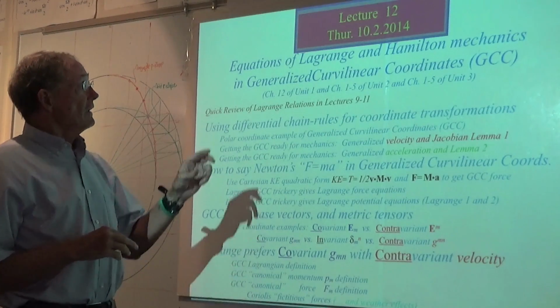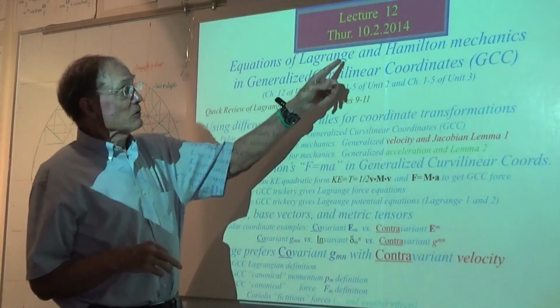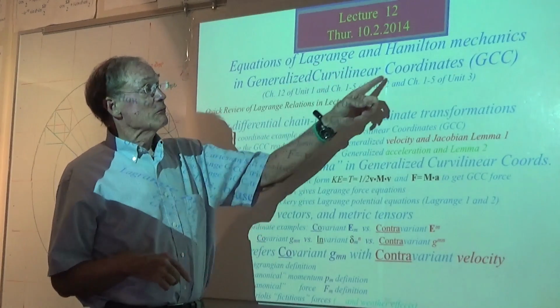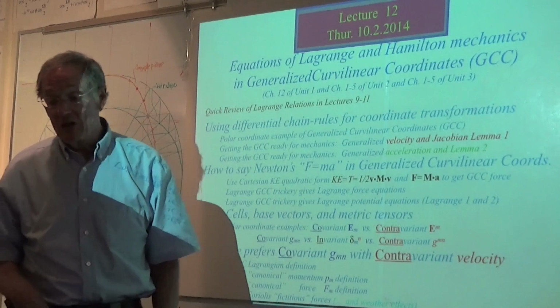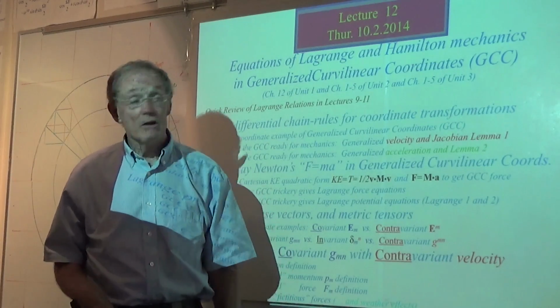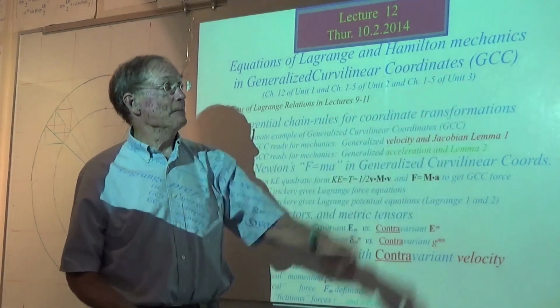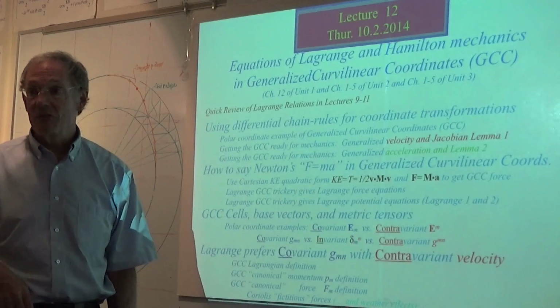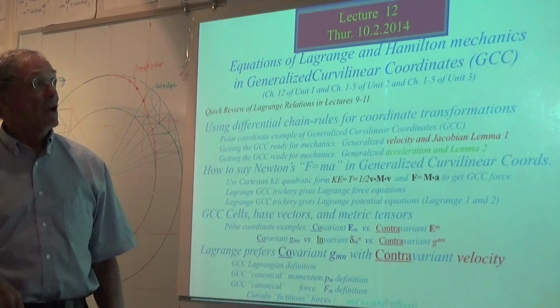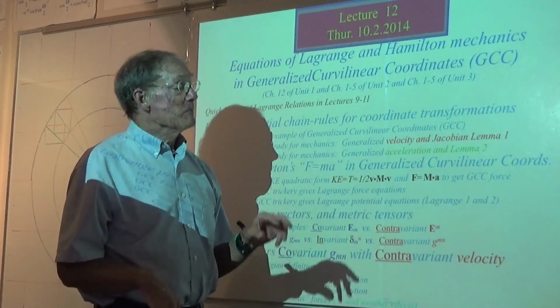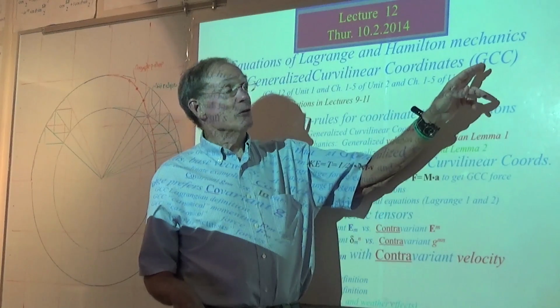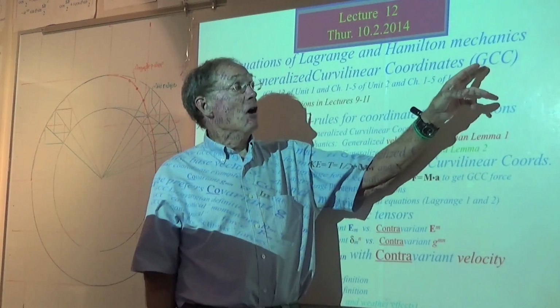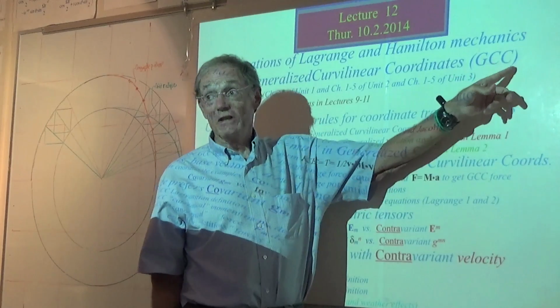physics, and that is that we'll build the Lagrangian and Hamiltonian using the mechanics, mathematics, of generalized curvilinear coordinates, we call GCC. You would ask what those three letters meant. Most mathematical physics courses will take you through some examples of OCC.